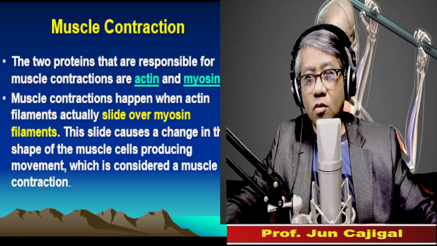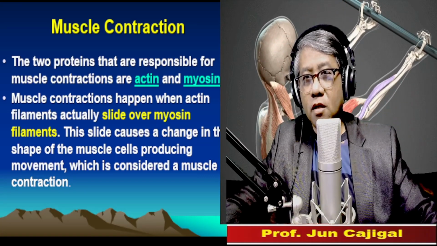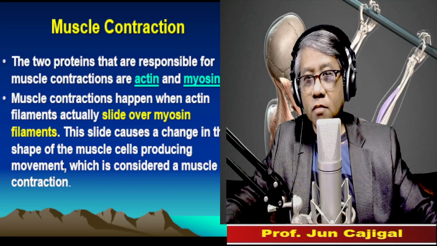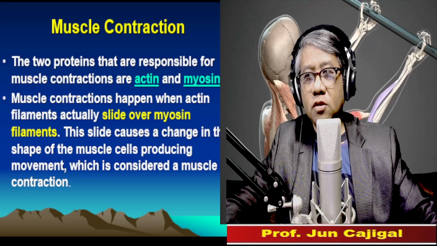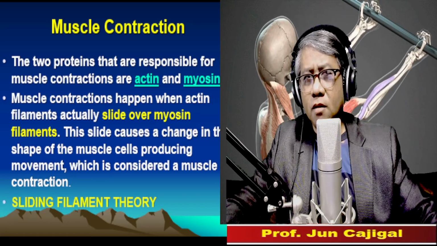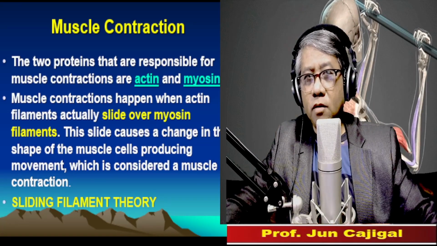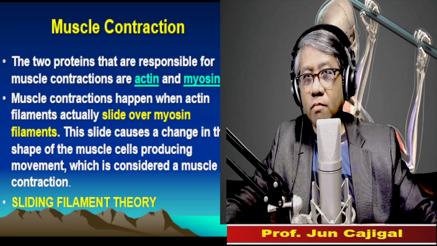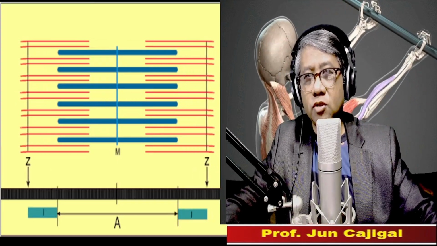This slide causes a change in the shape of the muscle cells, so the muscle cells shorten, producing movement, which is considered as a muscular contraction. And this explanation of how muscles contract is called the sliding filament theory of muscle contraction.